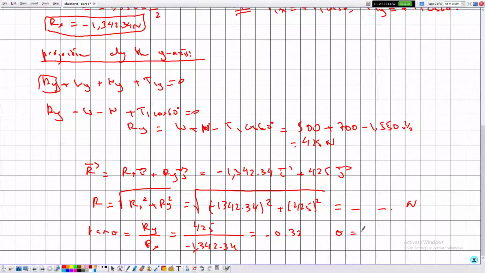So in this case, if we perform shift tangent on the calculator, it will be given by minus 17.5 degrees. Let me check again. Yes, this is it. Okay.